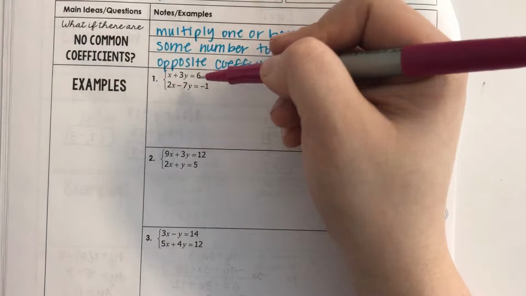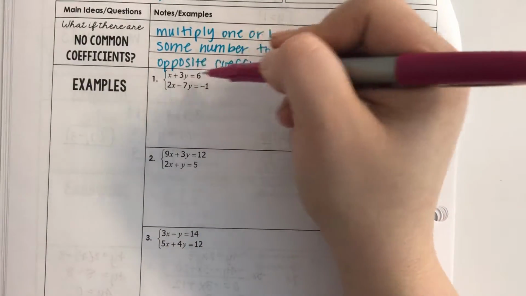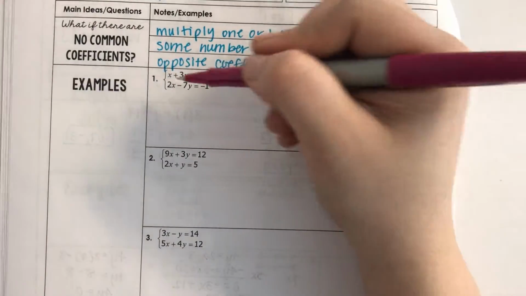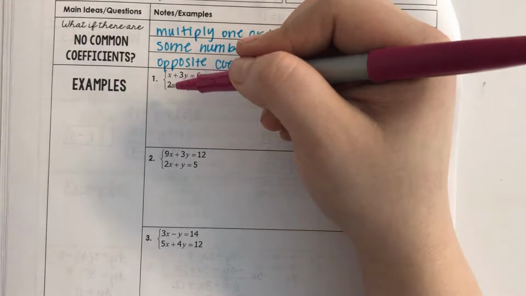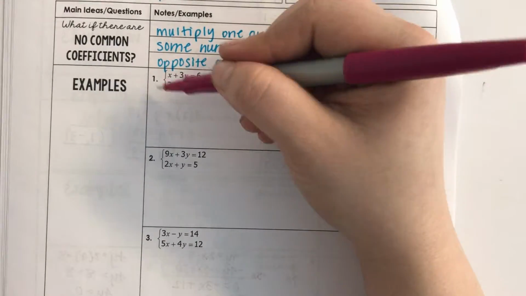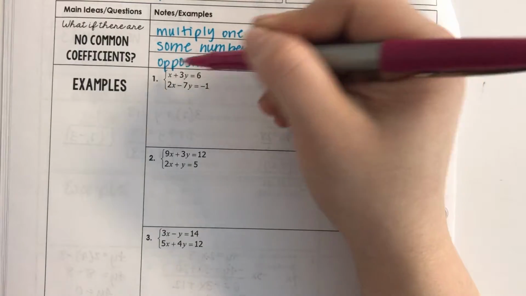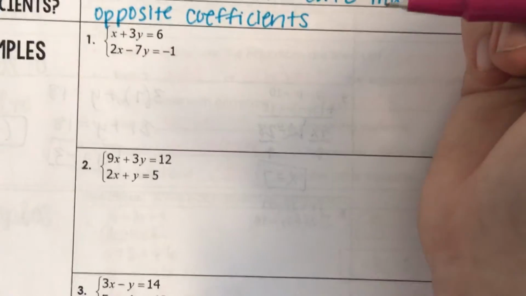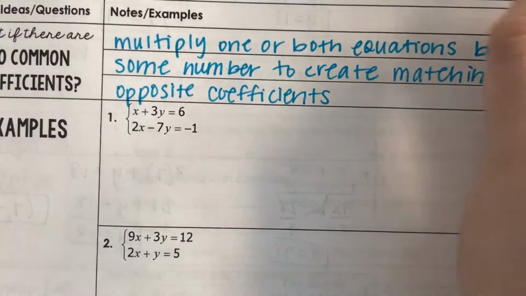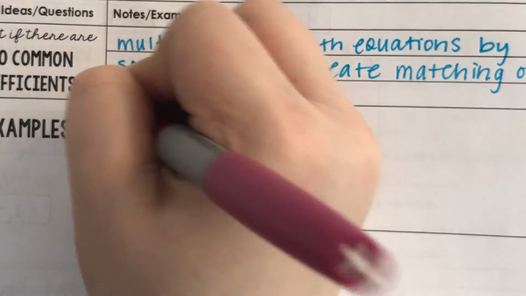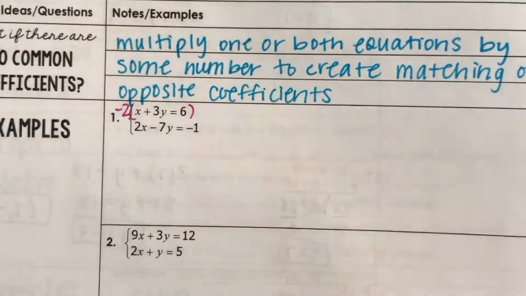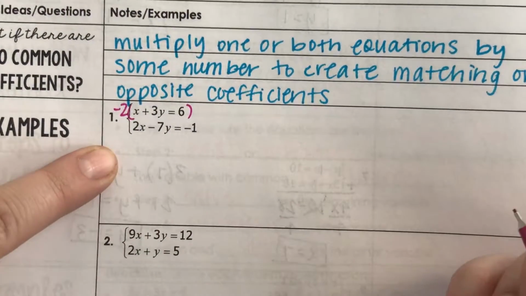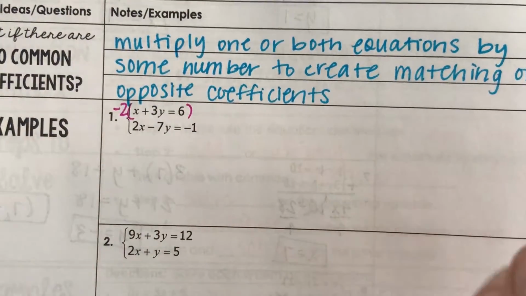I think the easiest thing to do would be to multiply this top equation by -2 so that it would become way easier to subtract the second one. So let me zoom in a little bit so you can see. I'm going to take this equation and multiply it by -2, and put it down here underneath this other equation.